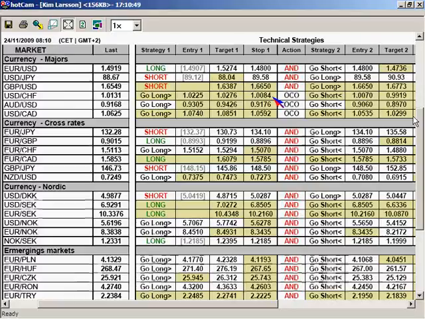But if we go long in dollar-Swiss and we do not reach the target, but get stopped out at 1.0084, we do not cancel the go short strategy on the right. Also, if we hit target at 1.0225, we still keep the option open that we can go short below 1.0070.